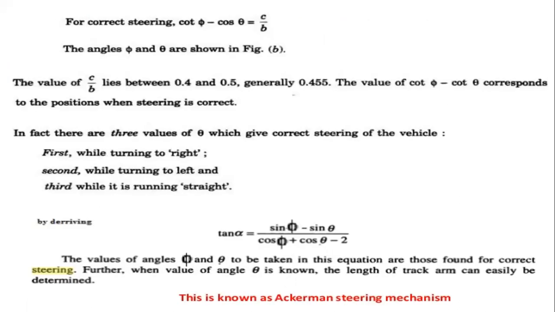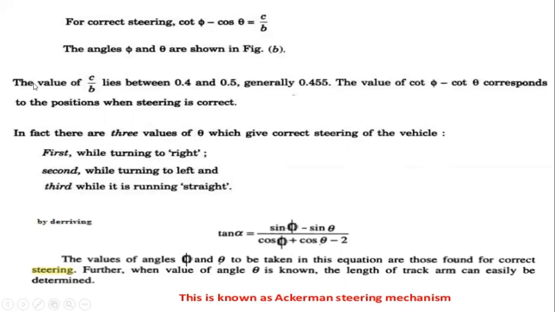Next, for correct steering, we have already derived this formula: for correct steering, cot phi minus cot theta equals C by B. The angles phi and theta are shown in the figure.